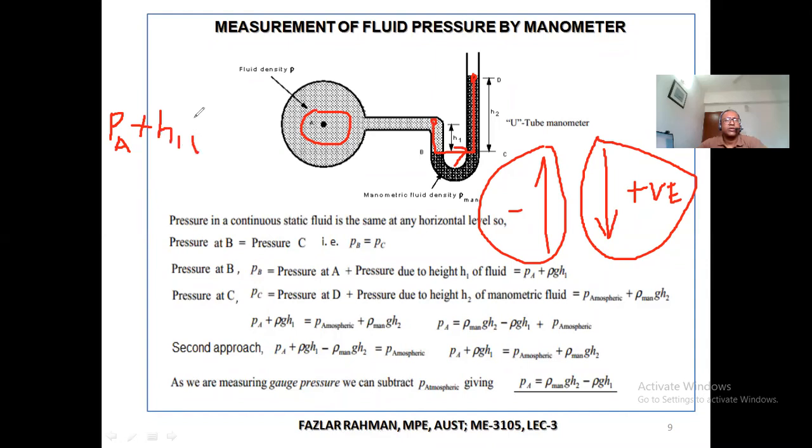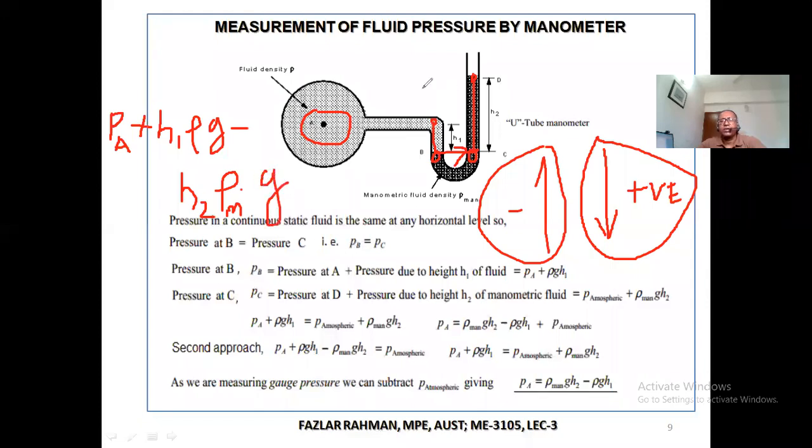So H1 rho G. That means now you came to point B. Point B means you are in point C. Now you are moving upward, so there will be a minus sign. How much height are you going upward? H2. So H2 rho of manometric fluid. I'm putting rho M into G.